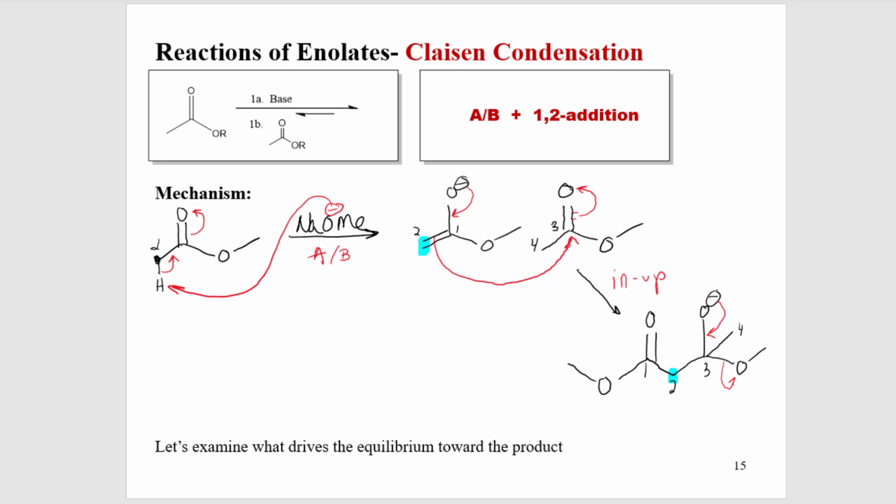It's like we're driving the blue group on, we're driving the yellow group off. Right? So we're kind of combining our chapters now. Four, 3, 2, and 1. We have just made a 1,3 dicarbonyl system.